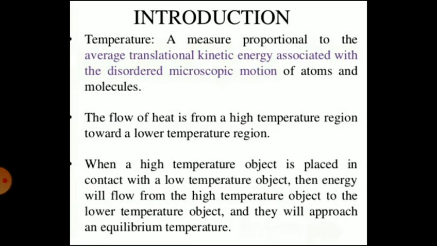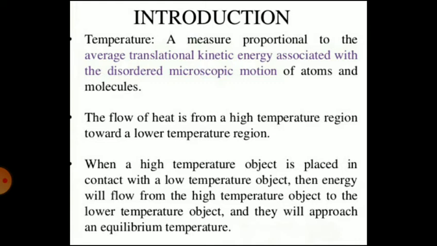Now regarding temperature measurement, temperature is a measure proportional to the average translational kinetic energy associated with the disordered microscopic motion of atoms and molecules. The flow of heat is from a high temperature region towards a low temperature region.